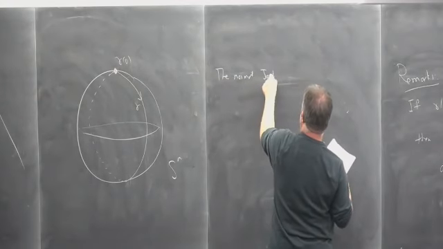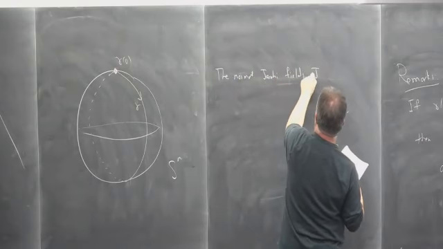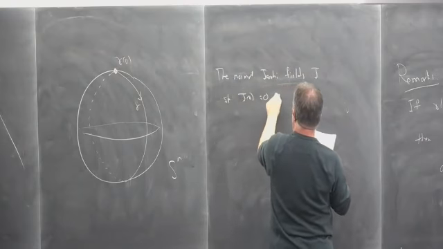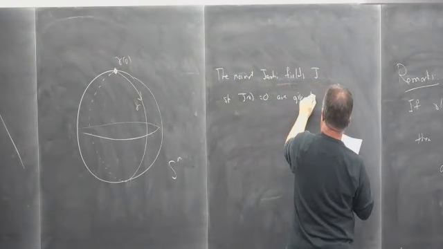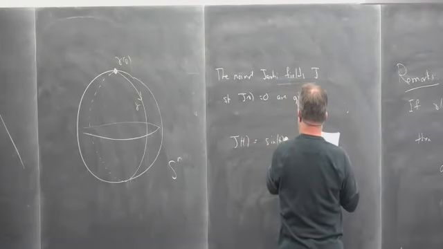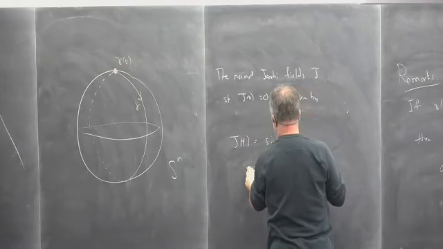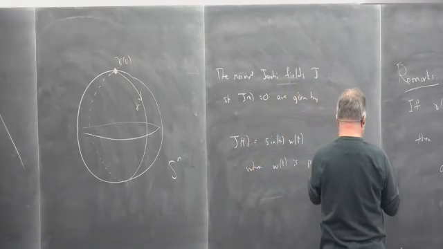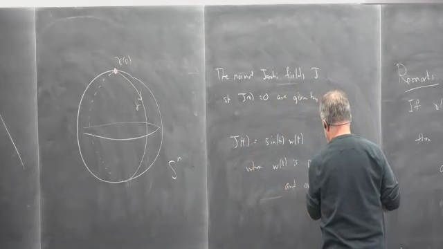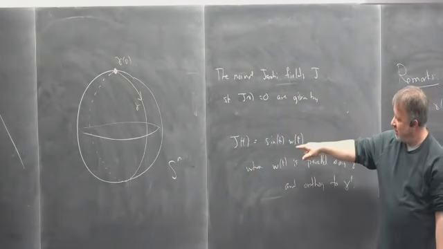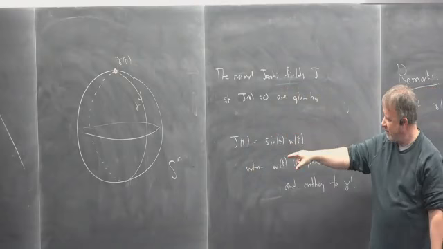The normal Jacobi fields J such that J of 0 equals 0 are given by J of t equals sine of t times W of t, where W of t is parallel along gamma and orthogonal to gamma prime, right? We wrote down explicitly what the Jacobi equation is when you have constant sectional curvature, and we were able to solve it explicitly.